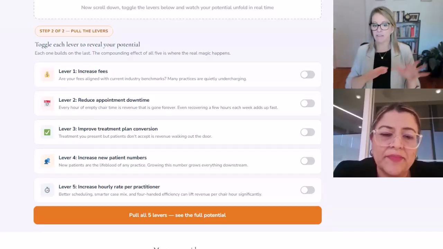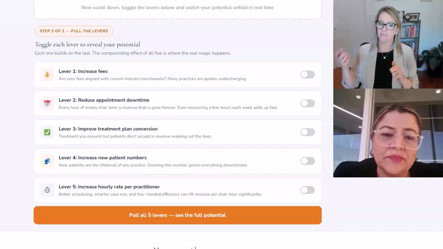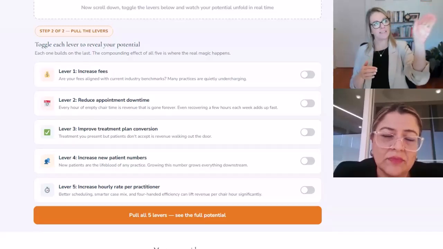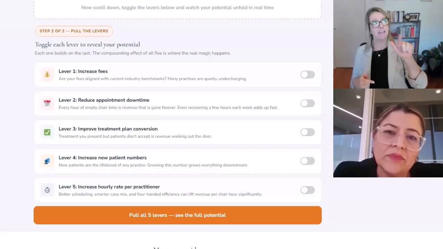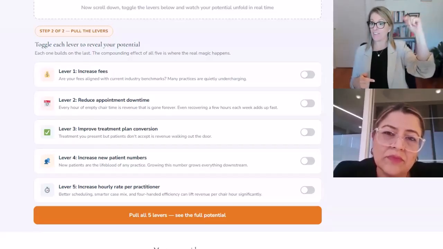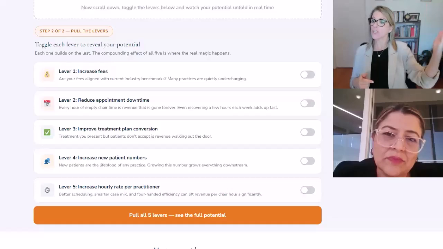There are, as you said, Ameena, so many different ways where we can positively impact the hourly rate of the practitioner. Even when you start to assess each of the practitioners and what their hourly rate is, if one wants to increase their hourly rate, then all they have to do is look at the others that have a higher hourly rate and say, what are you doing differently?